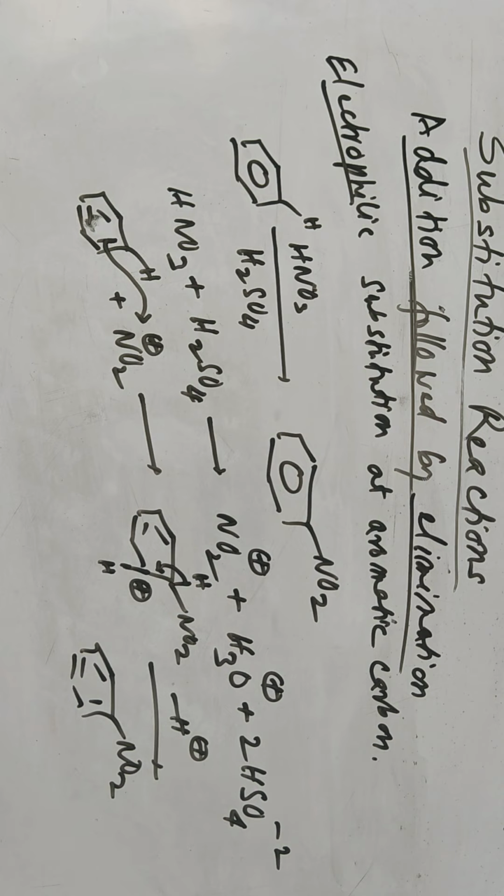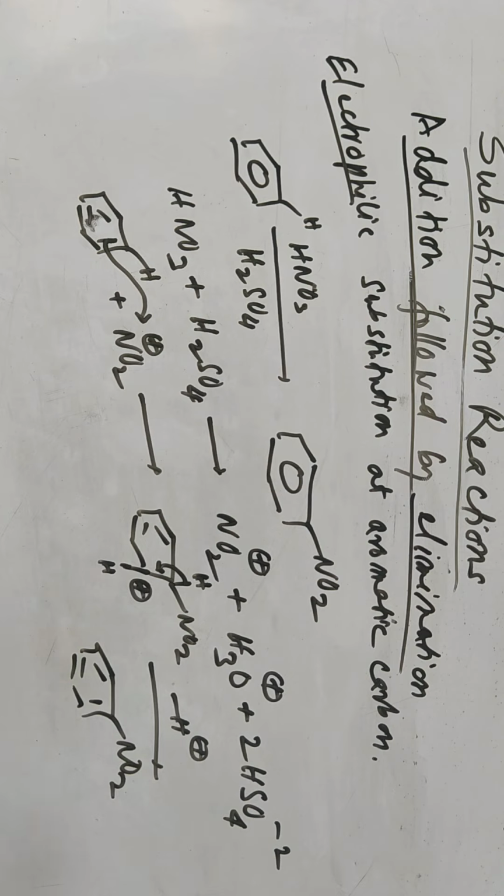I will discuss that in detail in the subsequent classes. So it is another example of addition: first addition by the electrophile, then elimination of the hydrogen. This is another example of electrophilic substitution in an aromatic system.